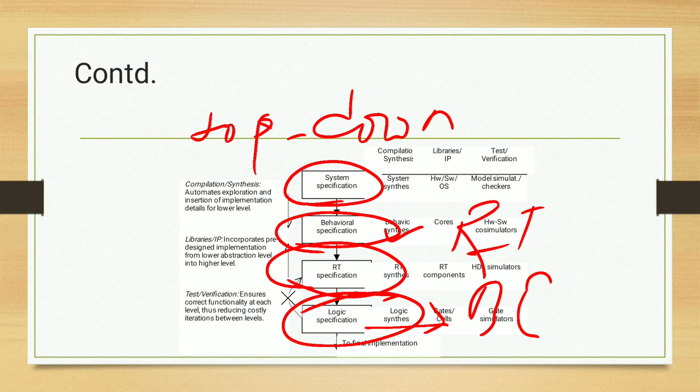Finally, the designer refines the remaining specification into an implementation consisting of machine code for general purpose processor and a gate level netlist for single purpose processor.